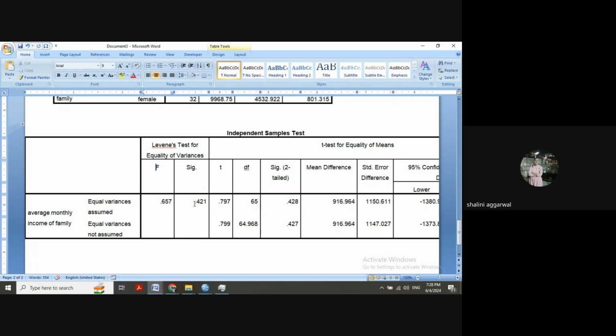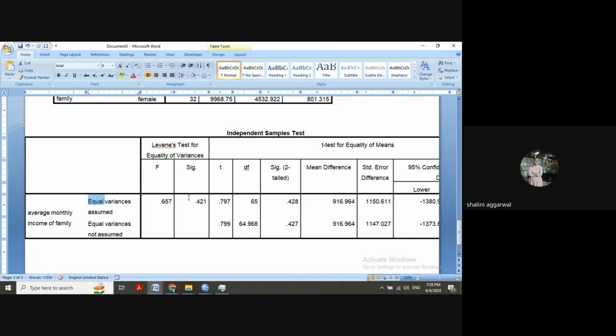Here, the P value of the Levene's test for equality of variance is greater than 0.05, right? If this value is greater than 0.05, then there are two results that you can see for the t-test. One is equal variance assumed, the other is equal variance not assumed, right? So first you have to see only these two columns: Levene's test for equality of variance, F value and significant value.